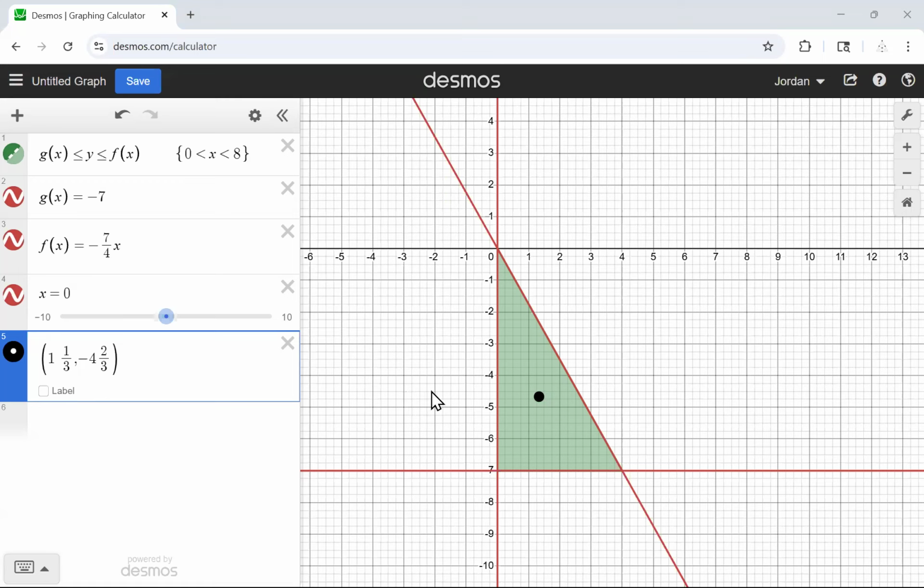Now, interestingly enough, this was the same triangle we dealt with in the fluid force section. And we calculated the fluid force on this triangle, if it were upright and submerged in water.